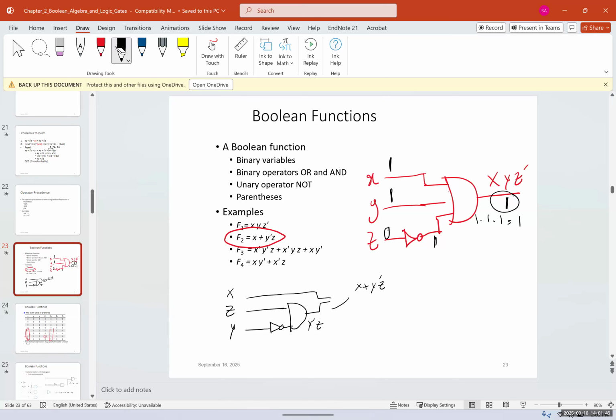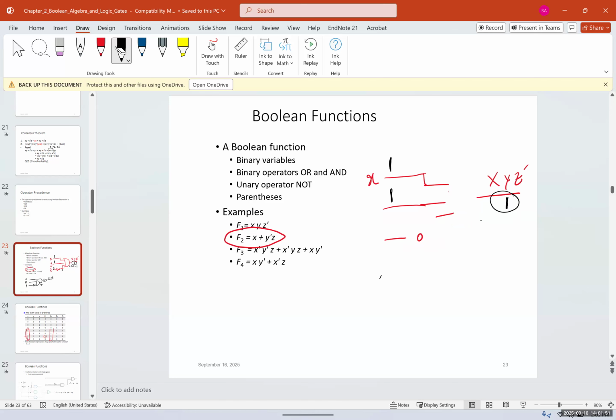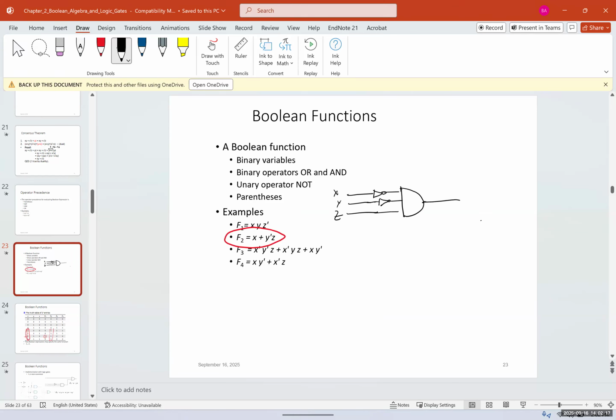Now let's do F3. I don't have enough space for this, so I'm just gonna erase it. So for F3, we have X, Y, and Z. So for the first one, it's going to be X prime, Y prime, and Z, all of them connected to an AND gate.